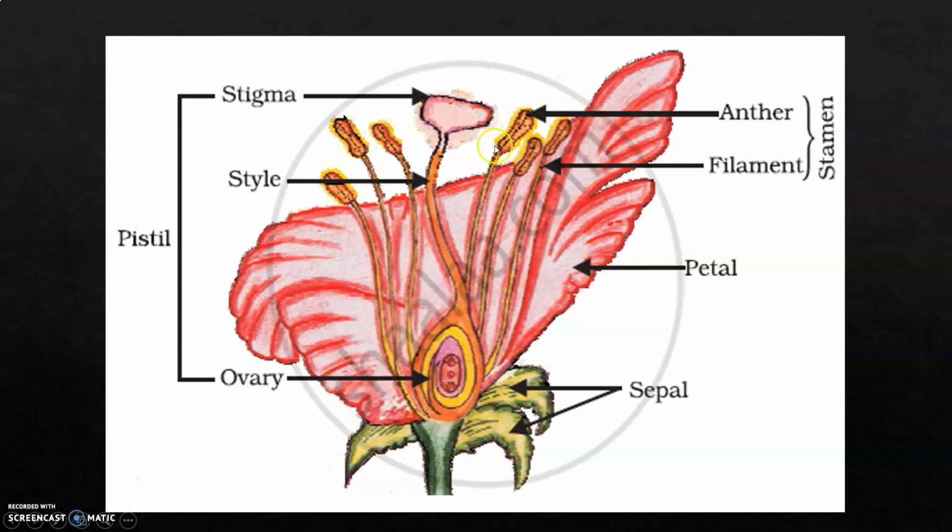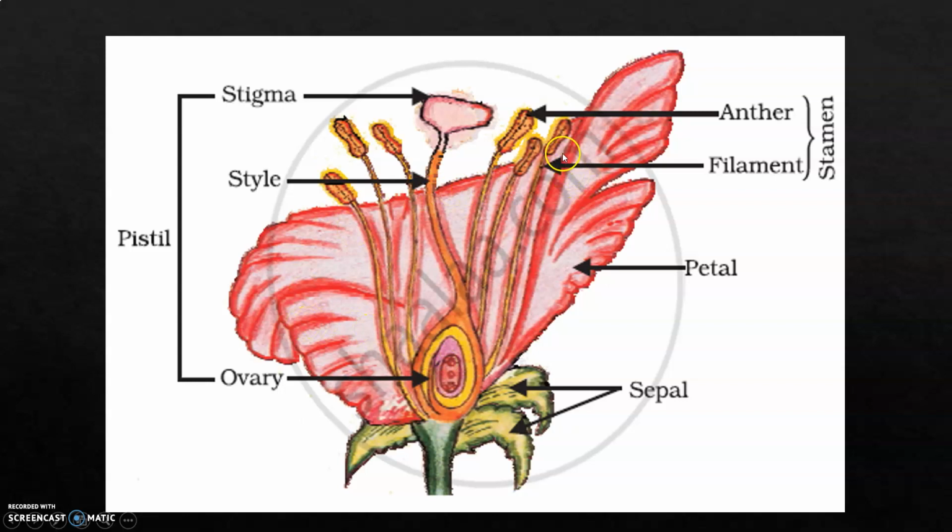The upper flattened part called stigma, the lower tube-like part called style, and the swollen basal part called the ovary. Ovary contains the embryo sac called the ovule in which the egg cells are present, which will be fertilized to give rise to a new plant.